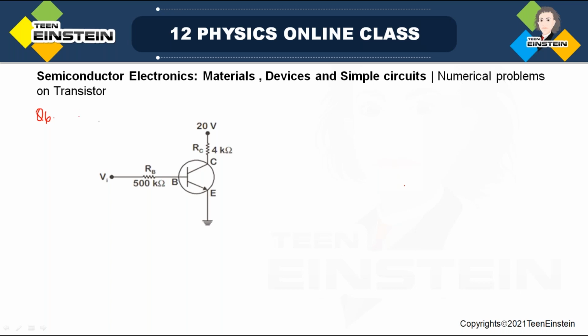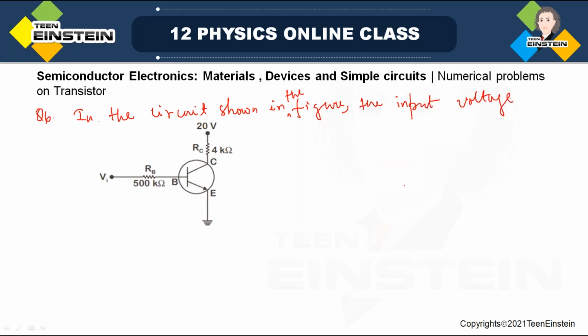In the circuit shown in the figure, the input voltage Vi is 20 volt, as you see.